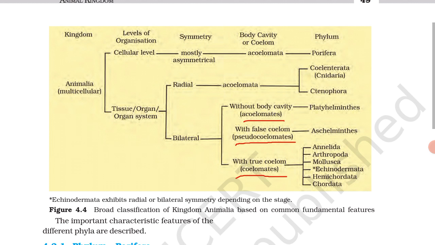They may confuse in this, because in radial symmetry the acoelomates are Ctenophora, Coelenterata and Cnidaria, while in asymmetrical symmetry the example of acoelomata is Porifera. They are having different symmetry but are both acoelomates, and the examples are two different ones, so they may confuse here.